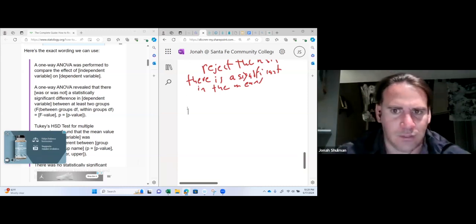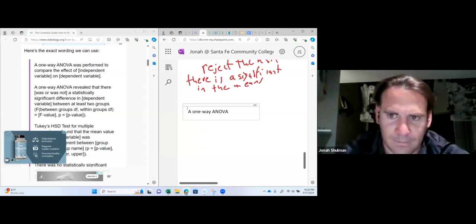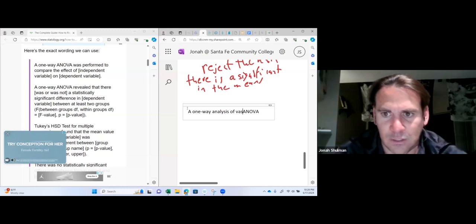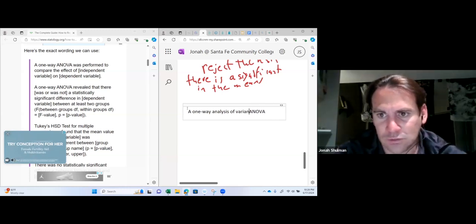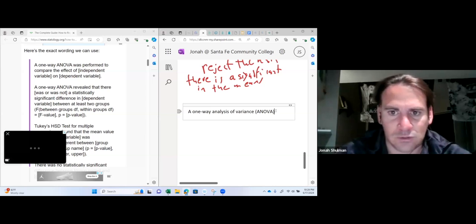Okay. A one-way ANOVA. I would actually write analysis of variance. If you're ever going to use one of these, always start with what it is.